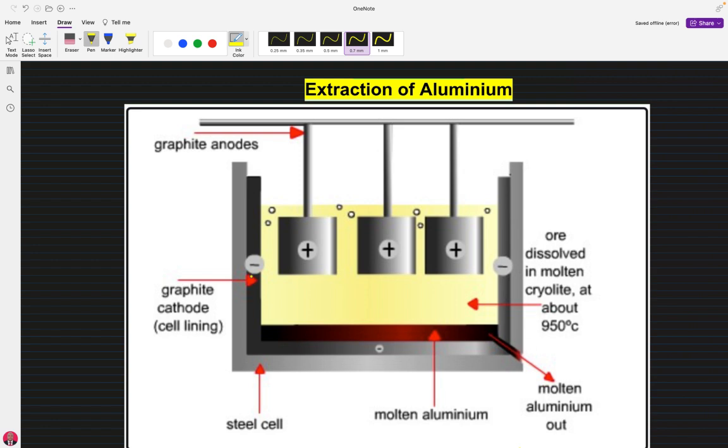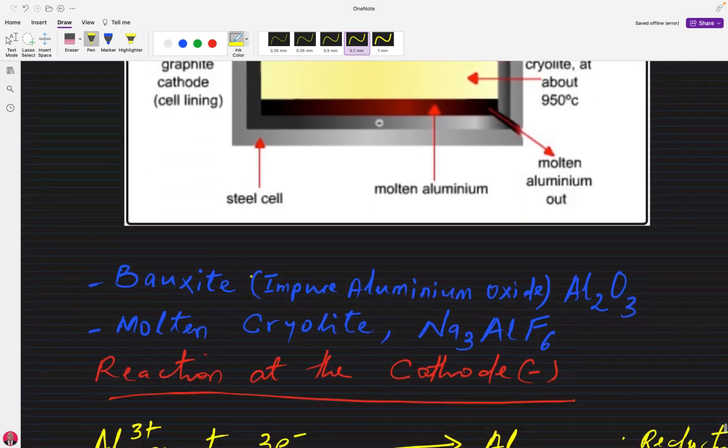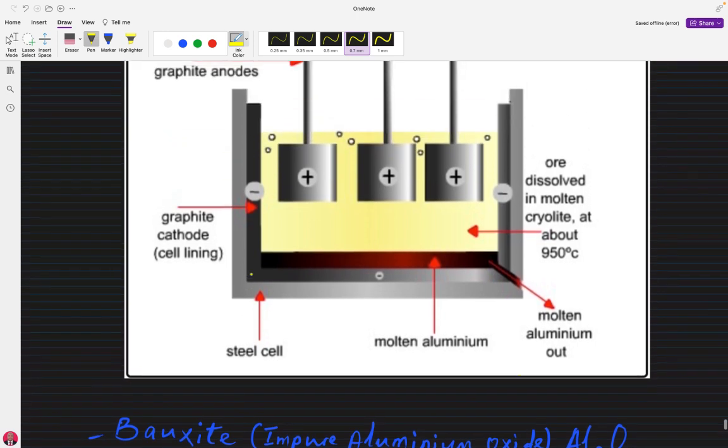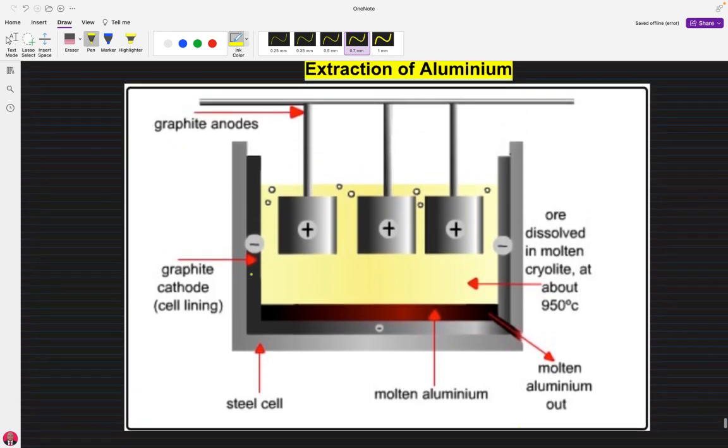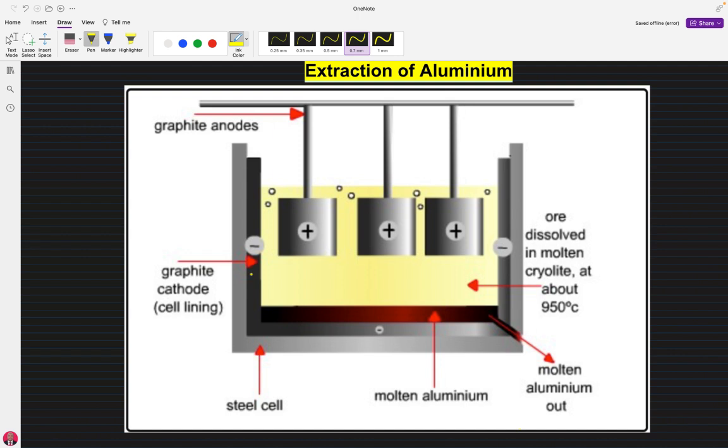This is what is expected from you. Point number 1. Before I start, 9A, aluminium is extracted from what? From bauxite. The ore is bauxite.